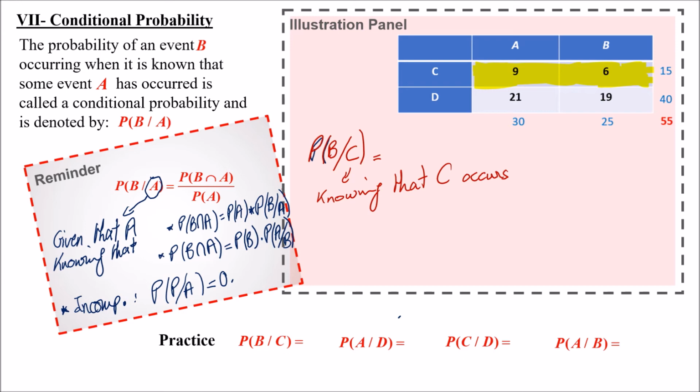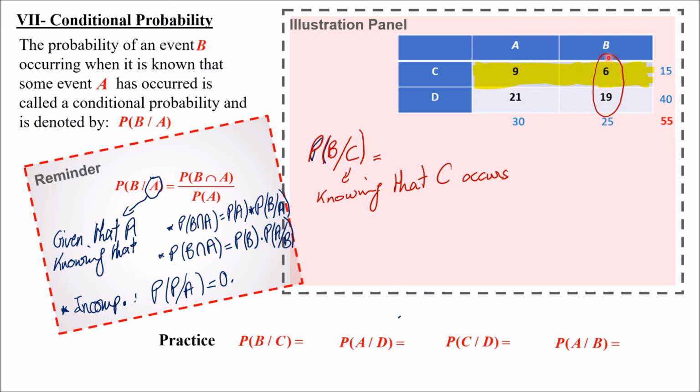We need to find the probability of B knowing that C. Look here. This is the event B. We are talking about this region. So knowing that C, what's the probability of B?